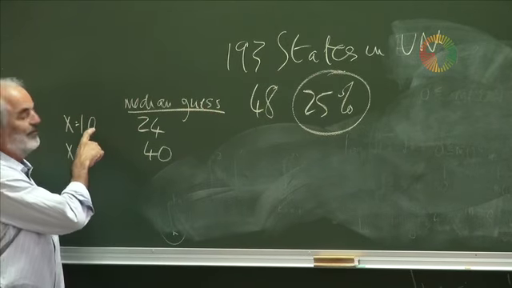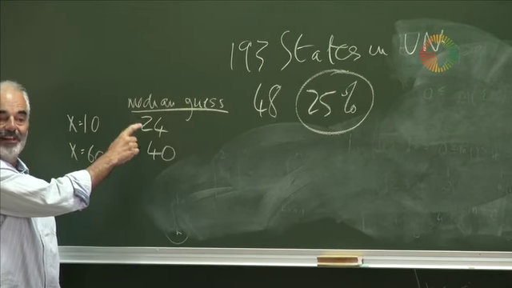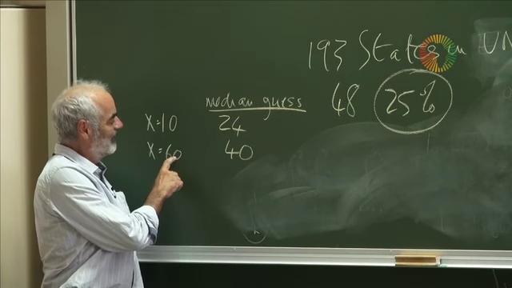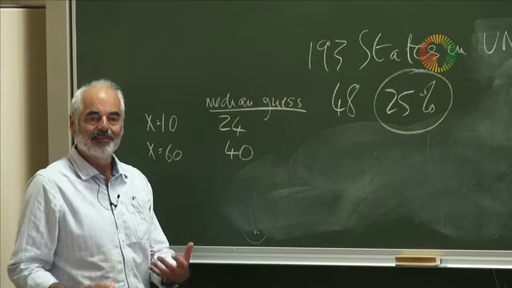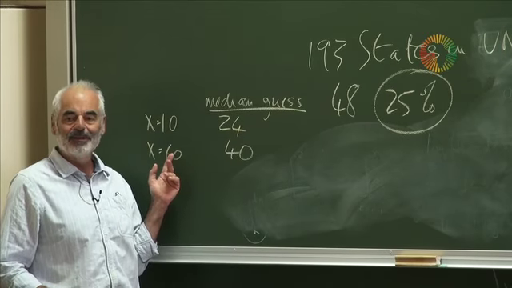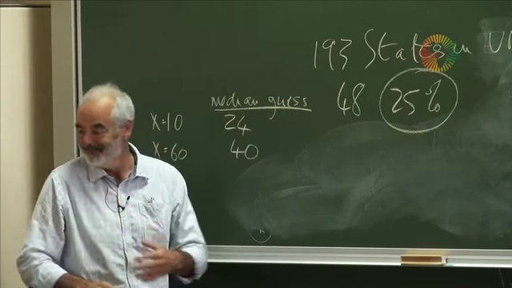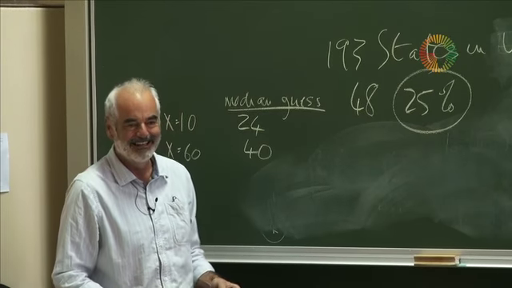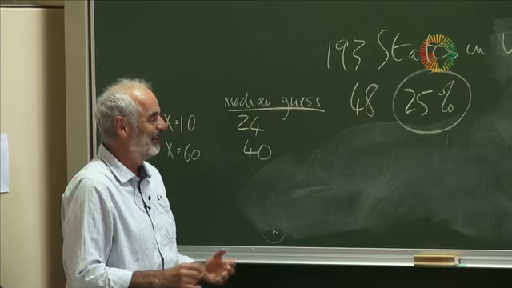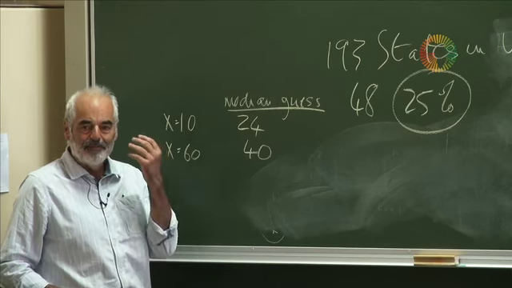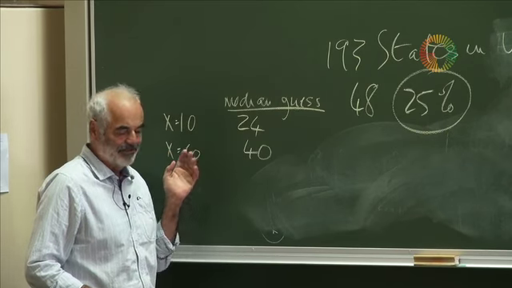So the ones who were given the 10 were almost dead on average, because they're almost exactly right. But the 60 really biased people upwards, just being told this number. You were badly influenced just by being told this number at the beginning.